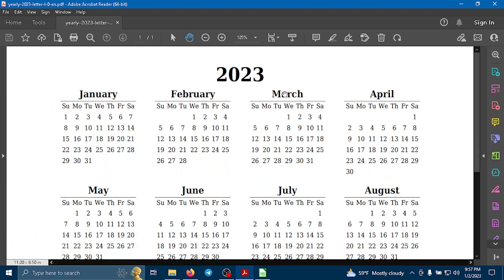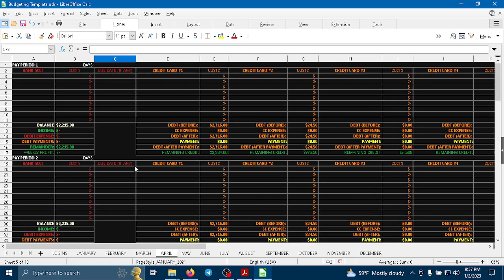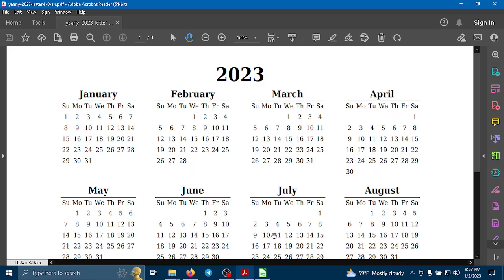So just because it has March and this is April, it doesn't mean the pay periods are necessarily going to be in the same month, if that makes any sense. But that's how the theory goes as far as pay periods operate.